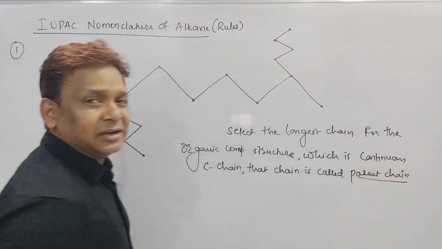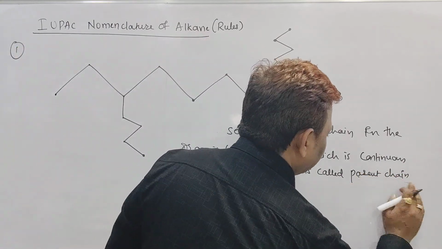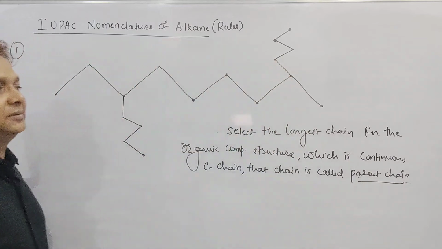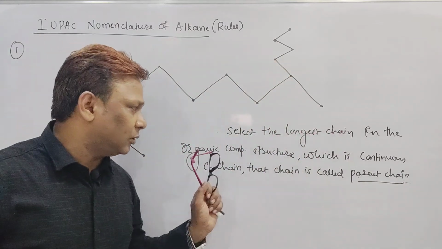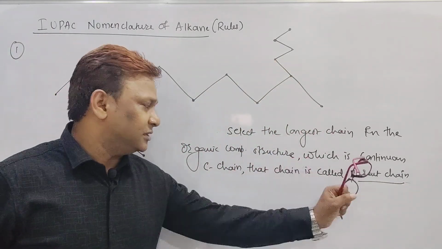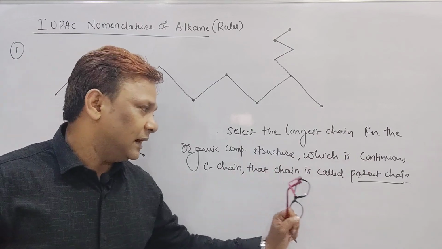Do you know what a parent chain is, beta? That means the carbon atoms in a straight chain are called a parent chain. So select the longest chain in the organic compound structure which is a continuous carbon chain, and that chain is called a parent chain.